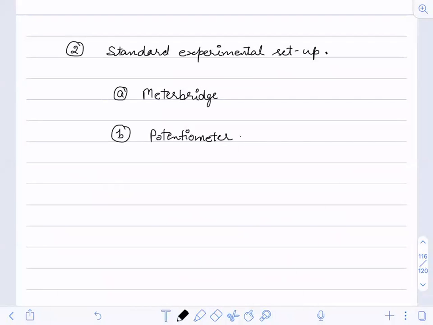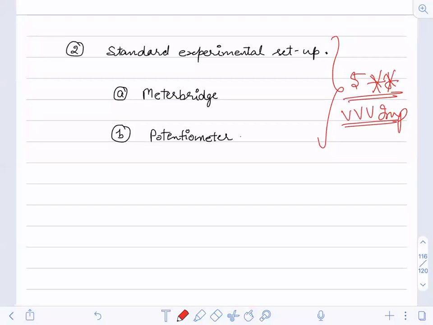Understood? This is a very, very important topic, more important than what we have covered just now, more important than the deflection type meters also.